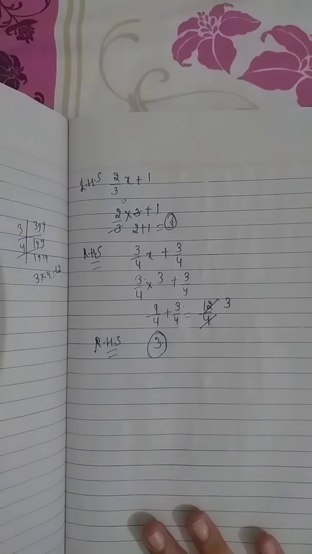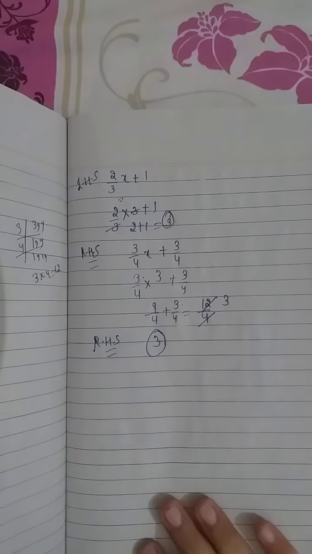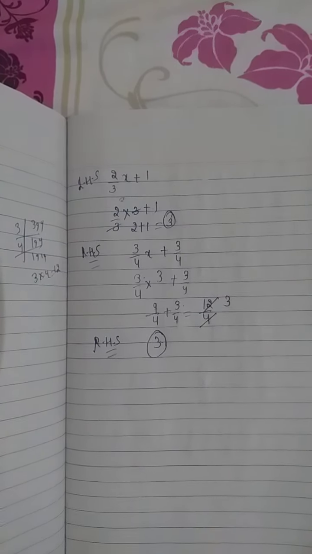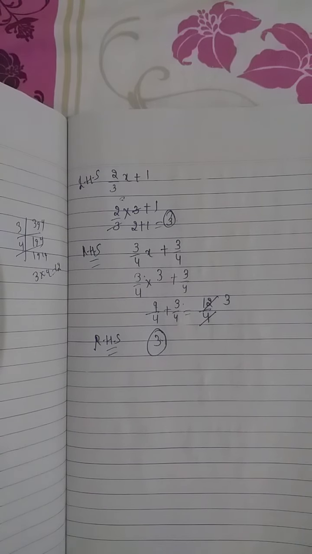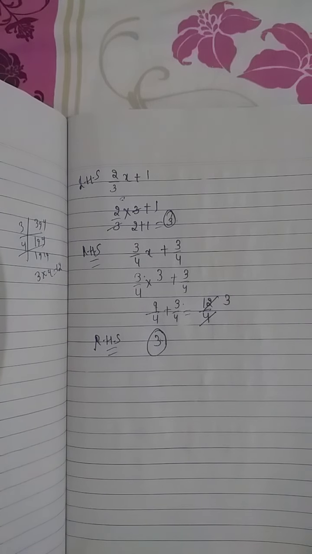So in this way we can solve the equation by using the transposition method. How? That means step 1, we have to write the left hand side is equal to right hand side. After solving the left hand side and right hand side, we have to transpose the variables to the left side and constants or numerals to the right hand side. After shifting these, we have to separate the variable and divide both the sides.